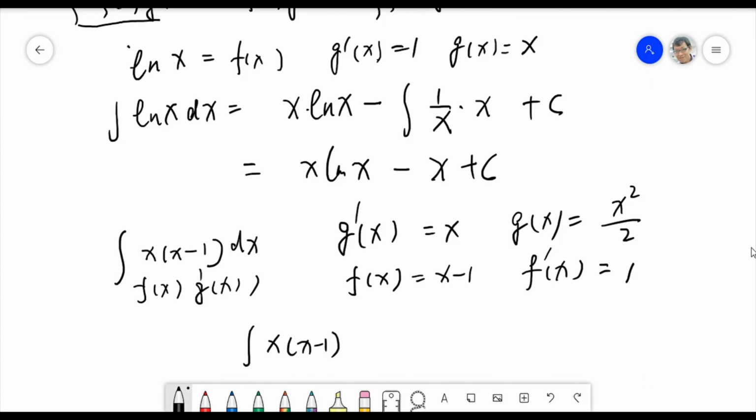So the integral of (x minus 1) x dx equals what? The original f(x) times g(x), right? So (x minus 1) times x squared over 2, then minus what?